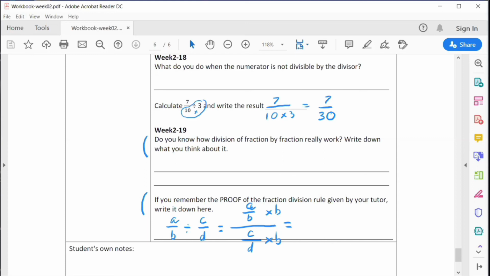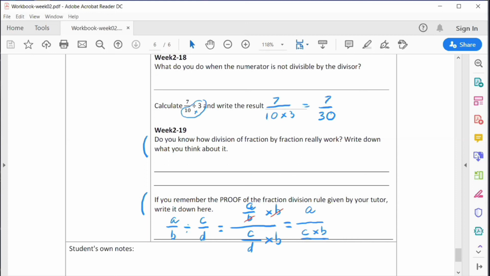So I will end up with the chance to cancel out the B. So I cancel out the B, so I'll end up with only A on top. And then here I have the bottom, I have C times with B, so I times the top.